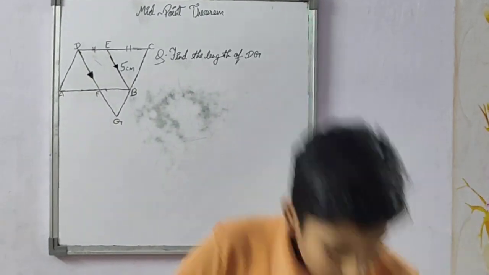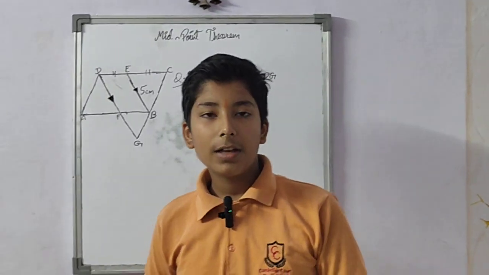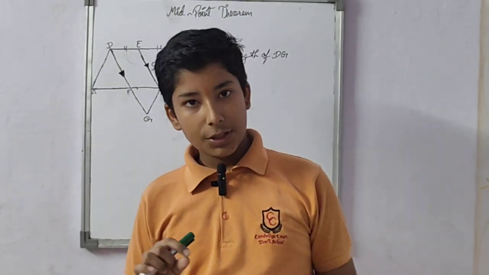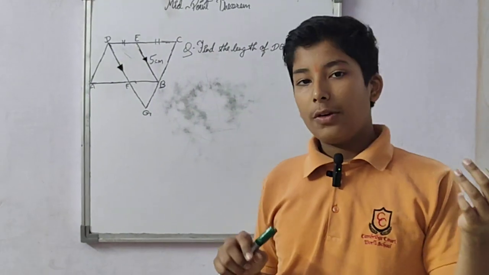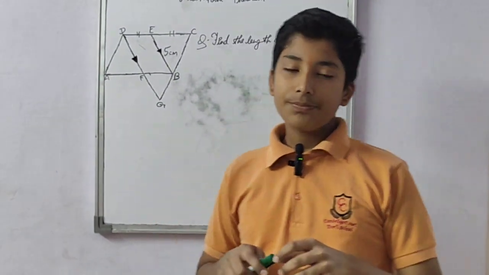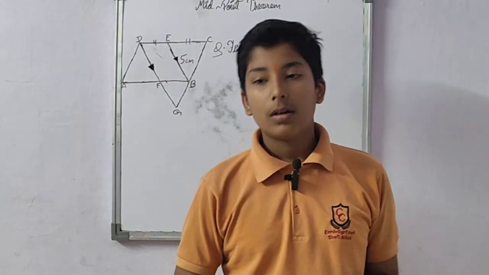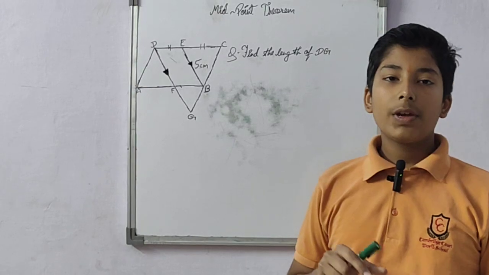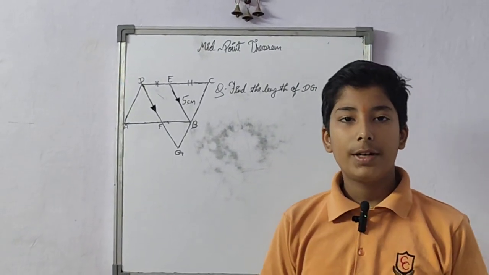Actually, we did the definitions of both of these. I'll tell you about the definitions only, and for the other things you have to visit my video to learn that. So the definition of the midpoint theorem is: the line joining midpoints of any two sides of a triangle is parallel to the third side and half of it.